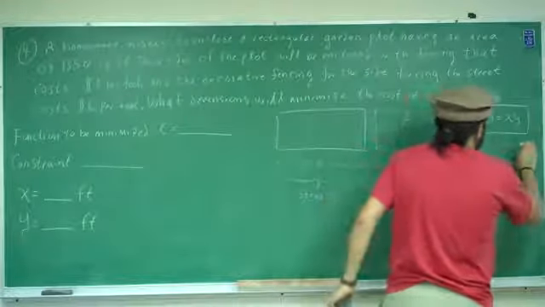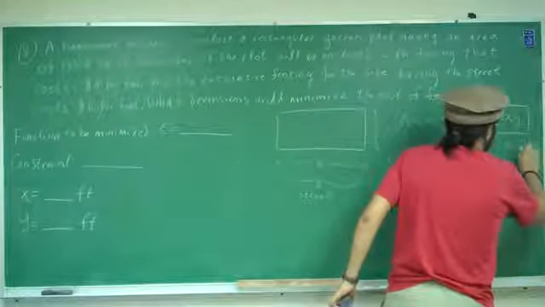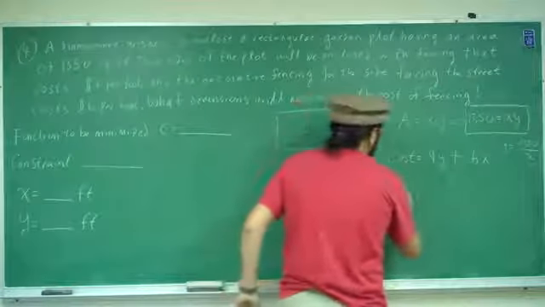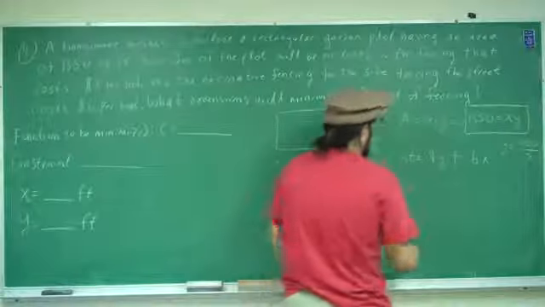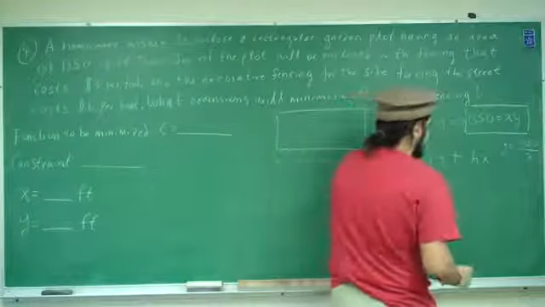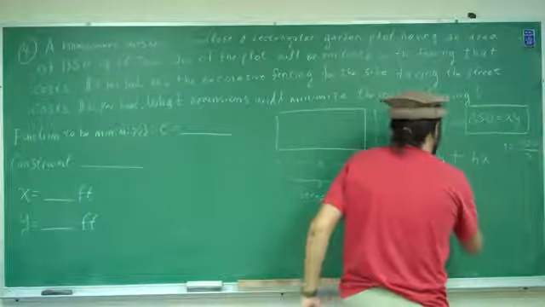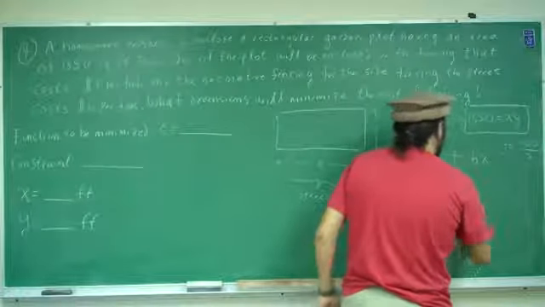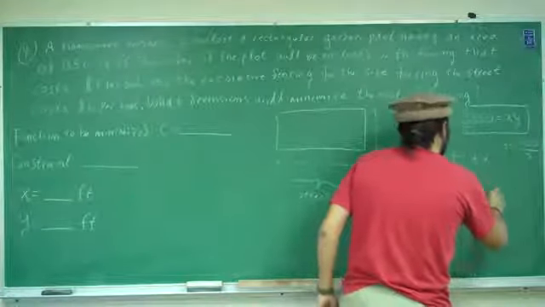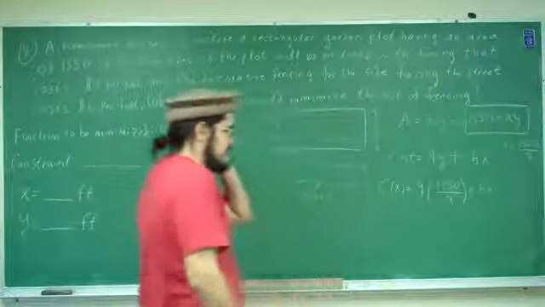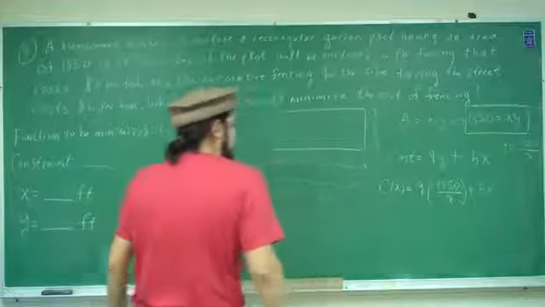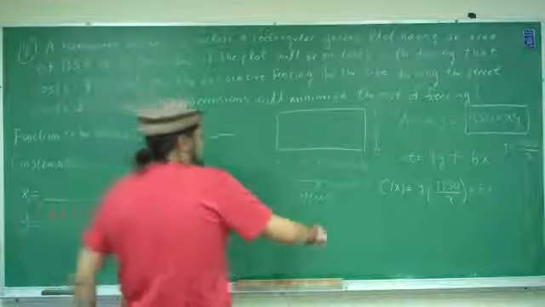So we have y is equal to 1,350 divided by x. So since we know that, now we have the cost function in just terms of x. That's 9 times y, so that's that, plus 6x. Alright, so that's our cost function.